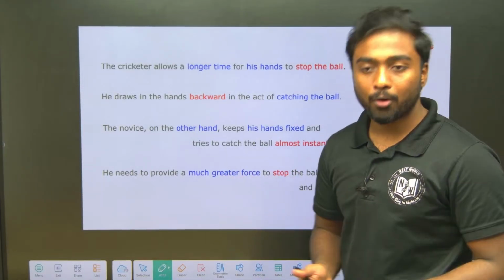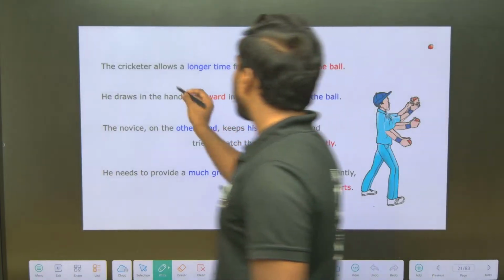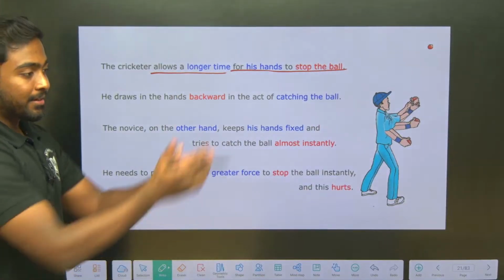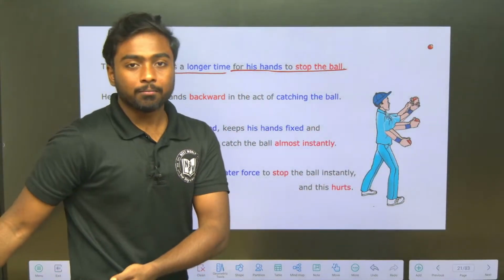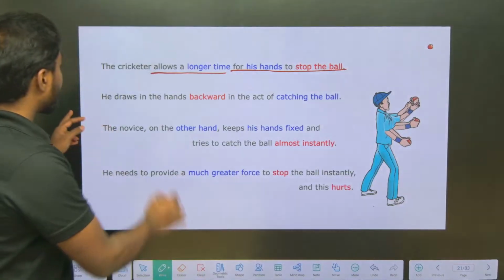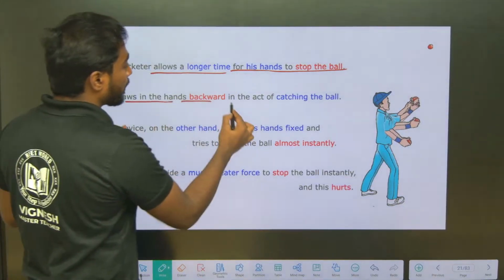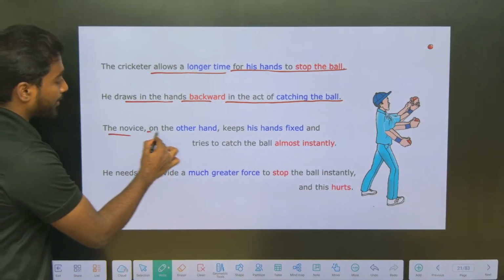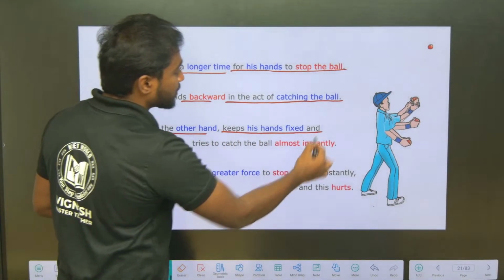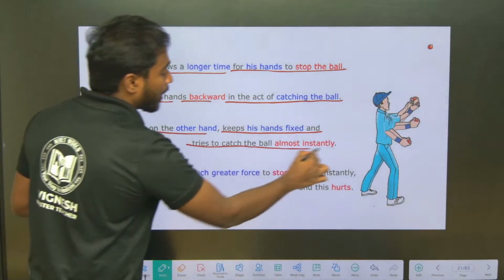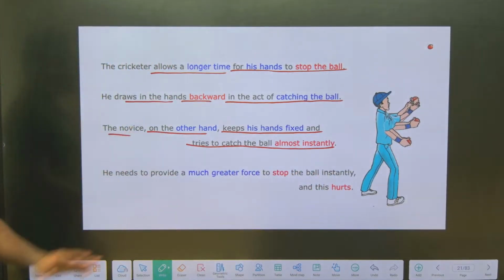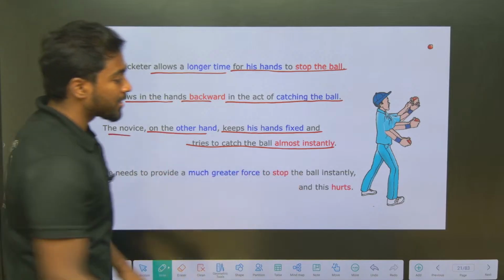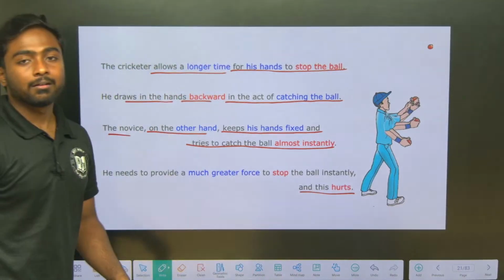The cricketer allows a longer time for his hand to stop the ball, drawing the hand backward in the act of catching. The novice, on the other hand, keeps his hand fixed and tries to catch the ball almost instantly. He needs to provide a much greater force to stop the ball instantly, and this hurts.